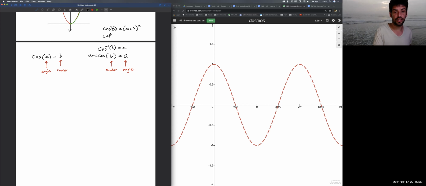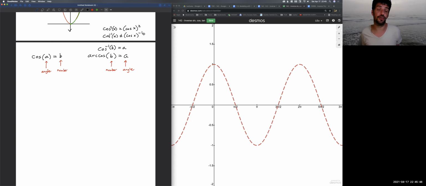When we write cosine inverse of x, or inverse cosine of x, we do not mean this, right? That would be 1 over cosine, or secant. It just means the inverse function of cosine. That's what that -1 means, or arc cosine, okay?